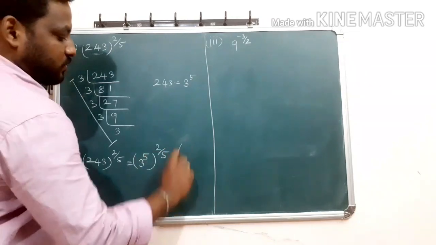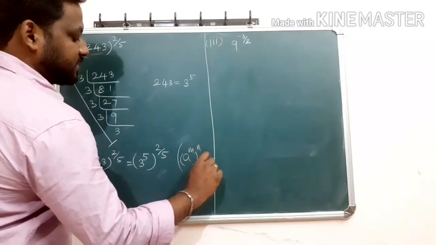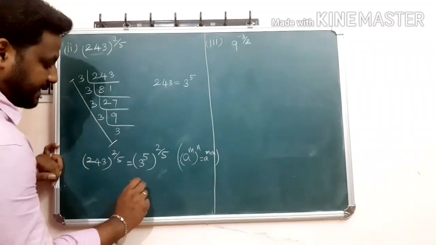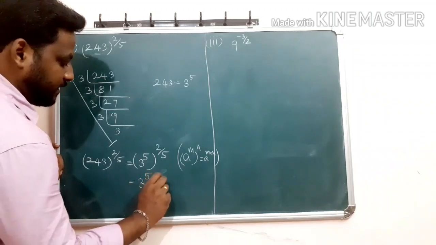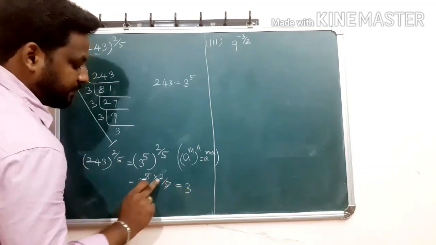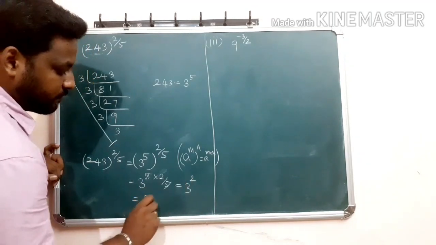So this is also the a power m the whole power n, which is equal to a power m into n format. So we can write 3 power 5 into 2 by 5. So 5 will be cancelled, which is equal to 3 power 2.